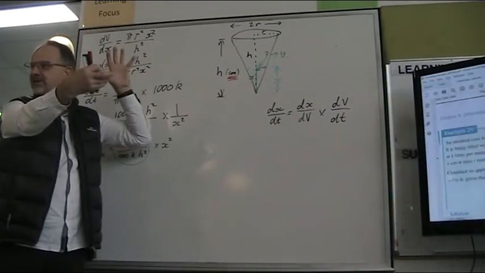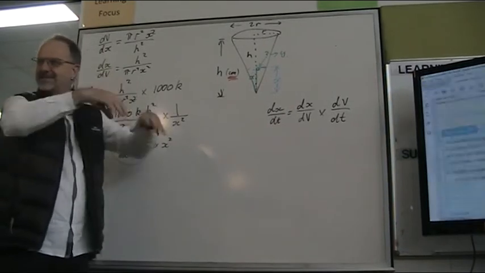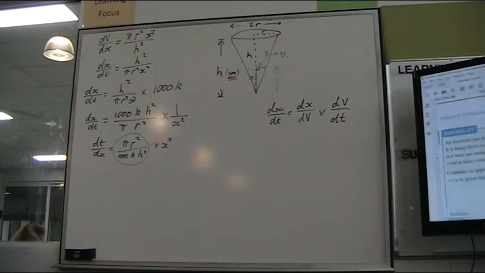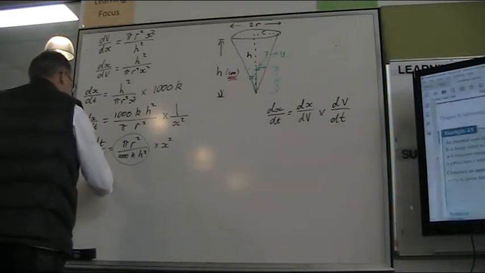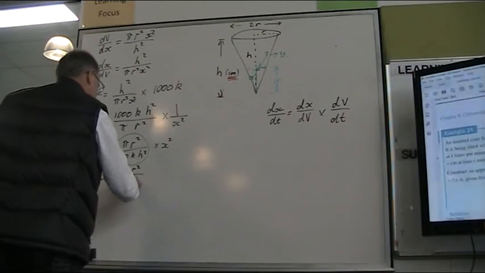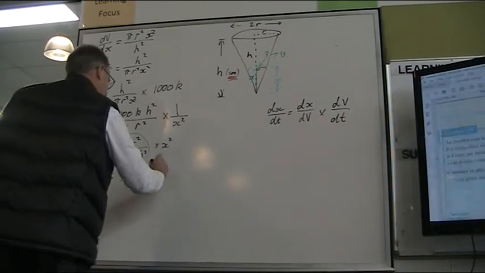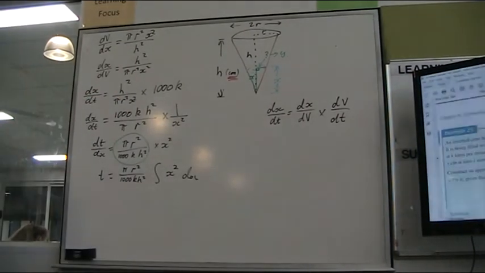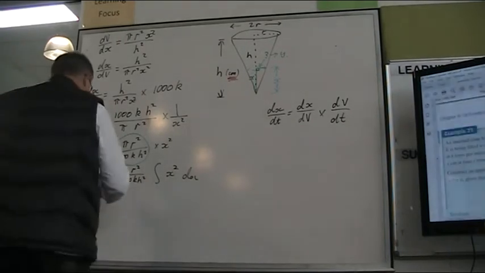The cone stays the same size. The amount of water that's coming in stays the same. So effectively, they're constant. We don't know what those numbers are, but they're constant for the sum that we're doing. So if that's the case, I can put all of that stuff outside the front. And we're just anti-differentiating x² with respect to x. And so that would be x³ on 3, wouldn't it?